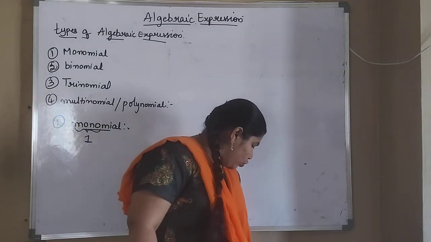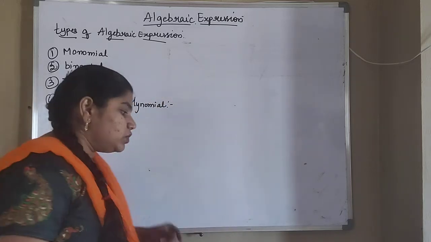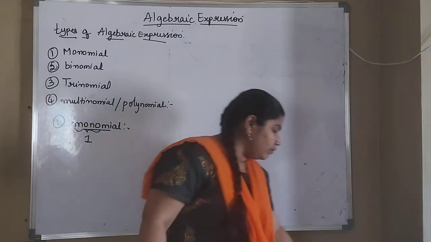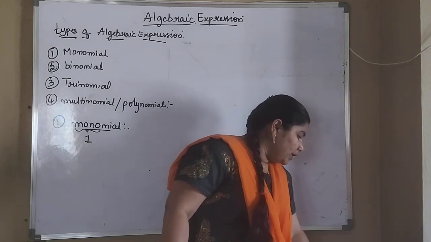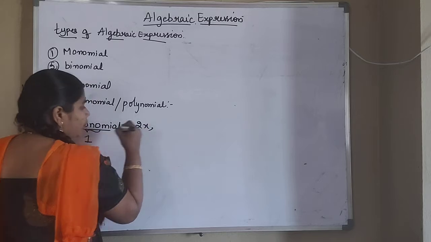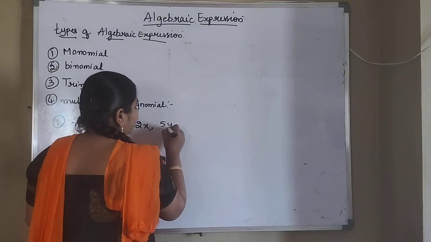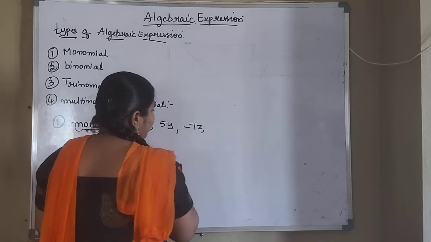Monomial is nothing but having only a single term. So if it has only a single term, we will call it monomial. Exactly one term. It can be 2x. 2x has only one term. 5y minus 7z.